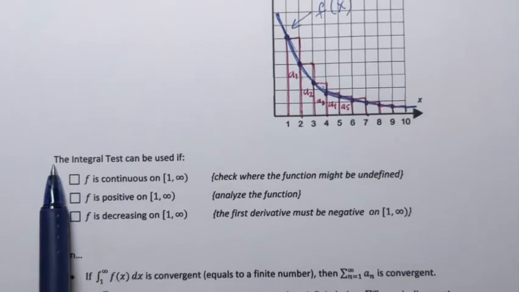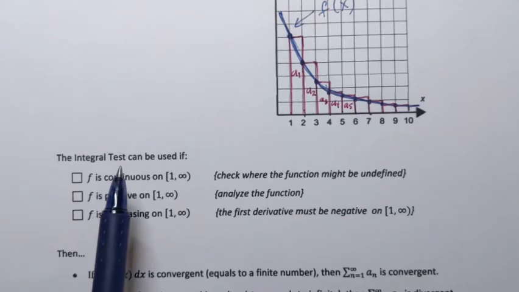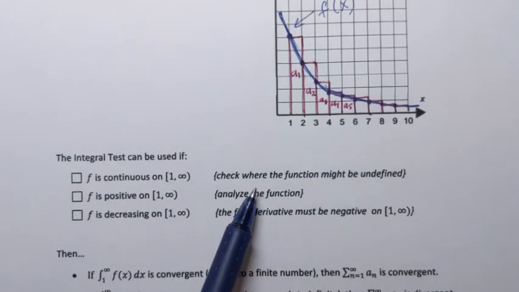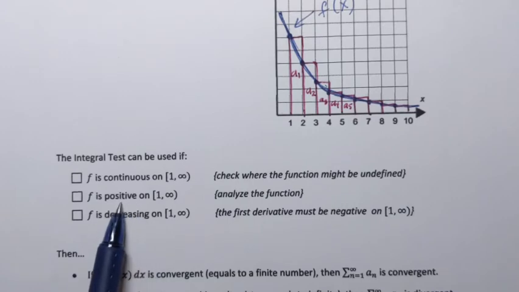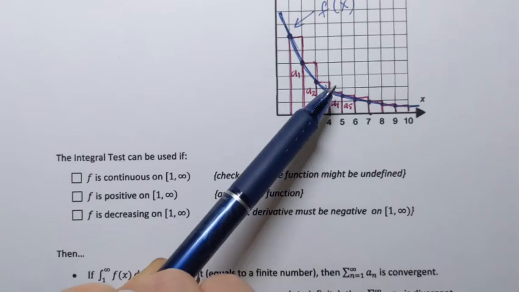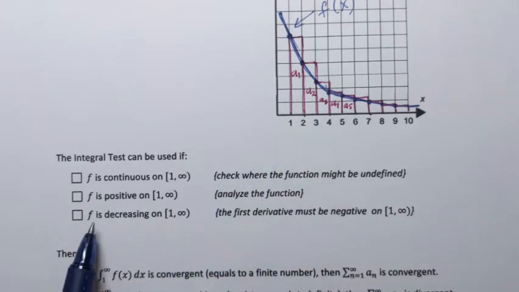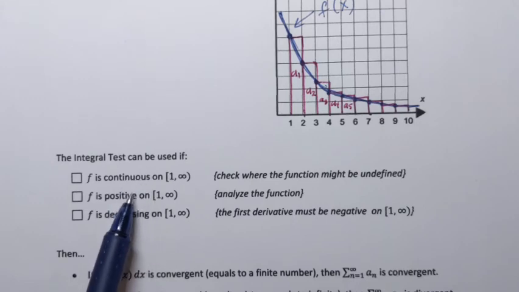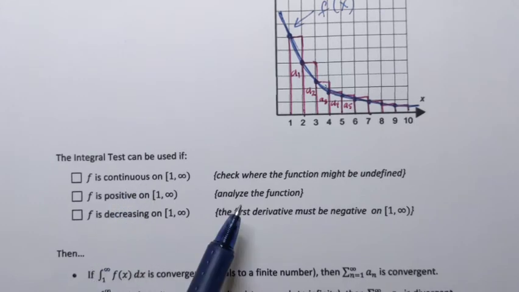So first of all, it has to be continuous on the interval from 1 to infinity, and it has to be positive on that same interval. Positive means that it has to stay above the x-axis, and it has to be decreasing on that interval.